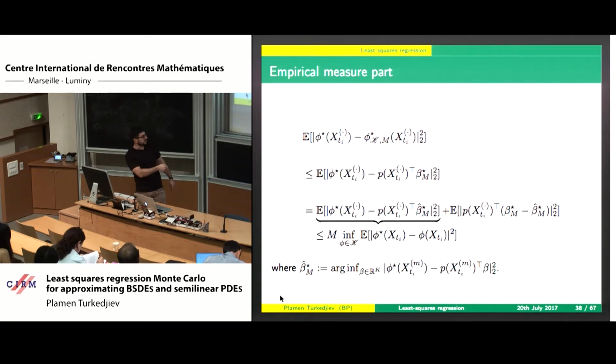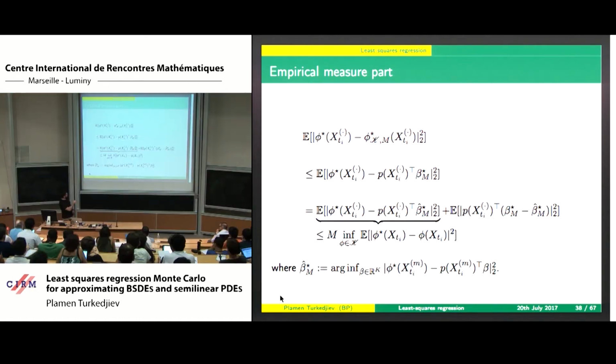Here we have used the same samples as we used for beta star. We've used the same basis functions, but rather than projecting S, we've projected the optimal solution. Because this is a projection in L2, Pythagoras gives us an equality between this difference here and the sum of these two differences.